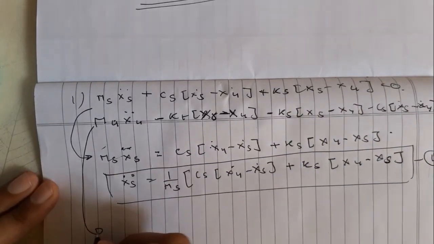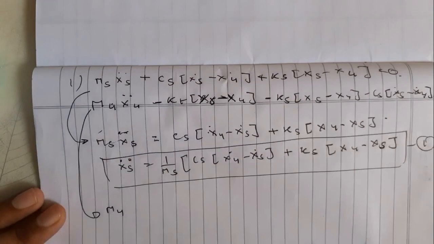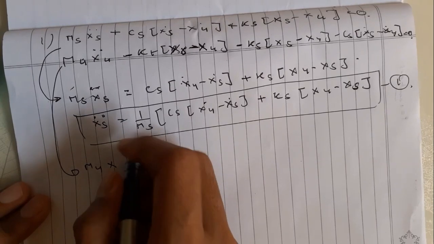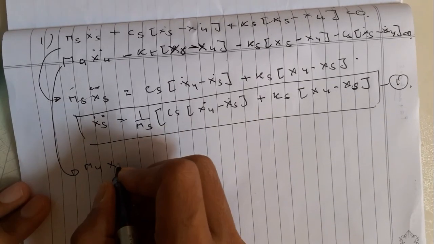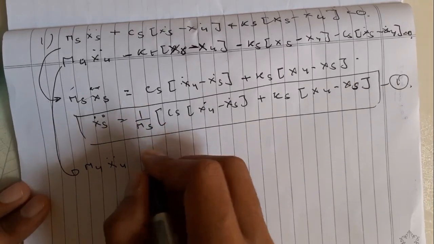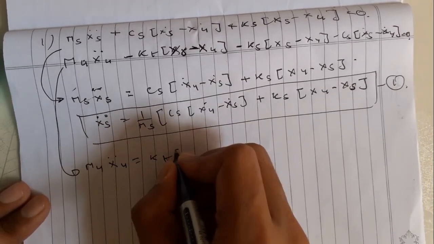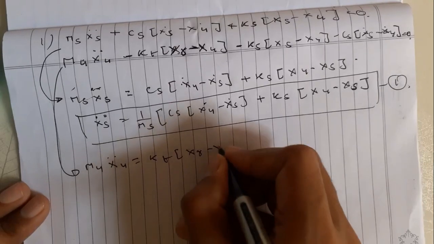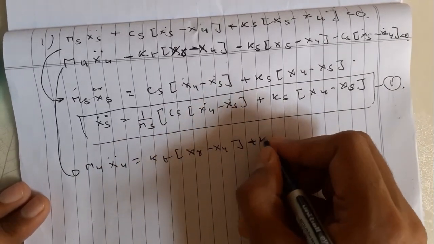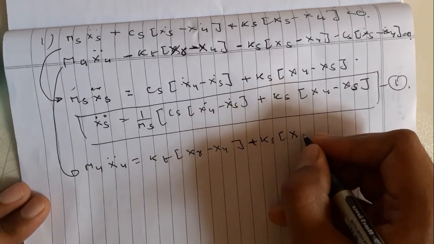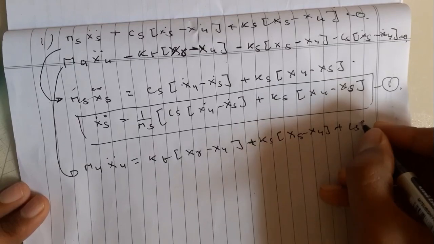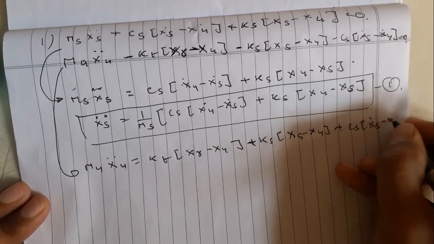Now we will do the same thing for the second one, mu. We will shift half of the equation to the other side. So mu xu double dot equals kt into xr minus xu plus ks into xs minus xu plus cs into xs dot minus xu dot.